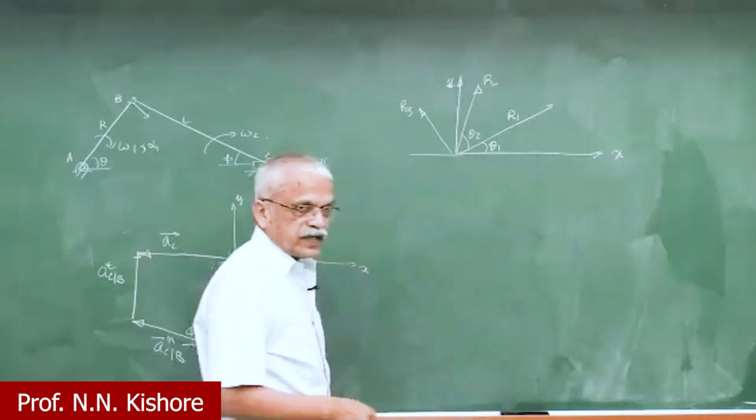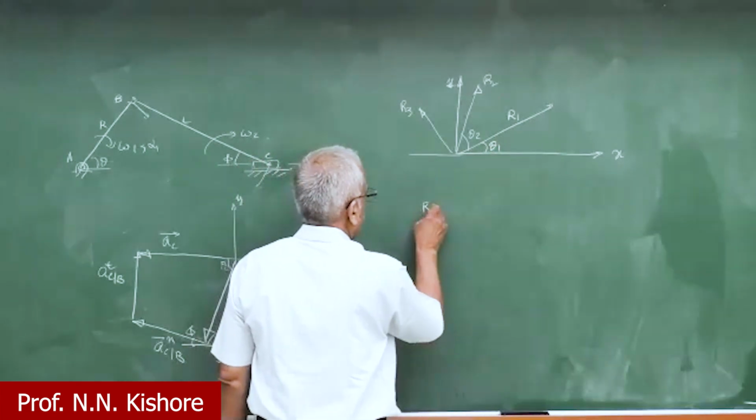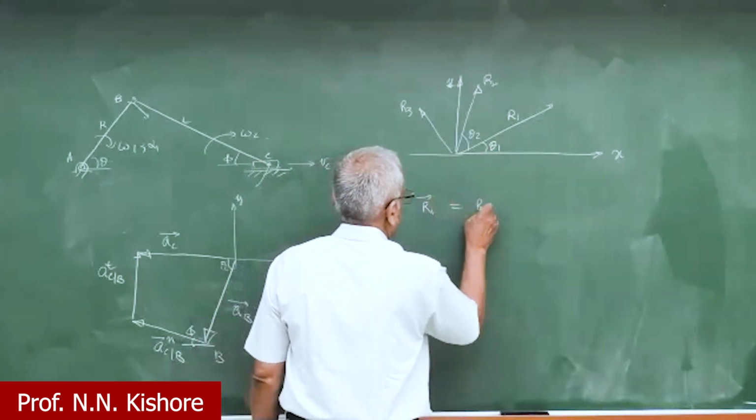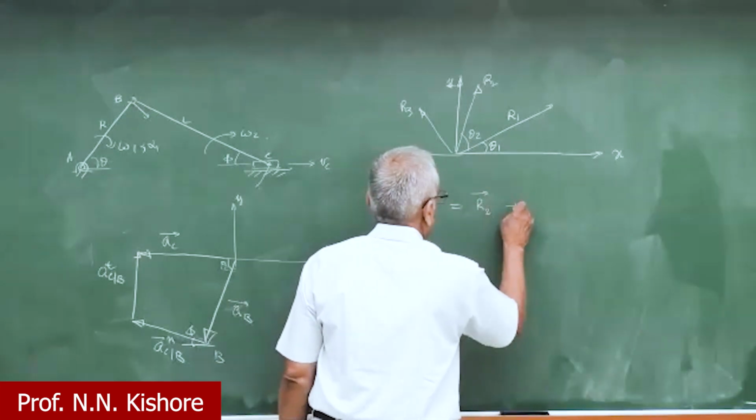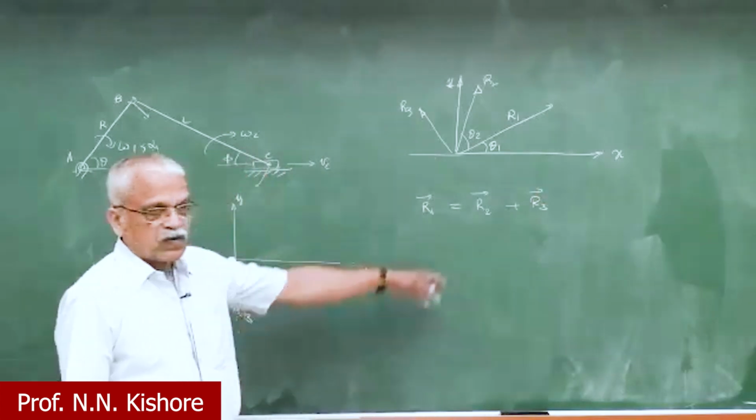And usually what we are getting here is a sum of these. For example, maybe R1 is... you will have these equations, right? Sometimes. So how do you solve?